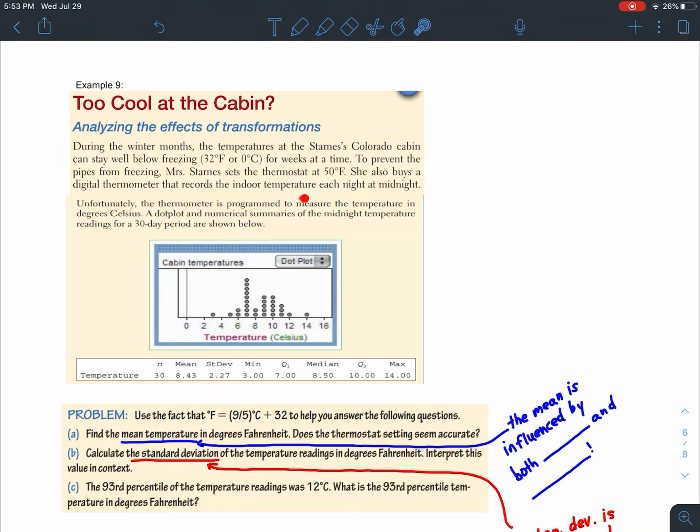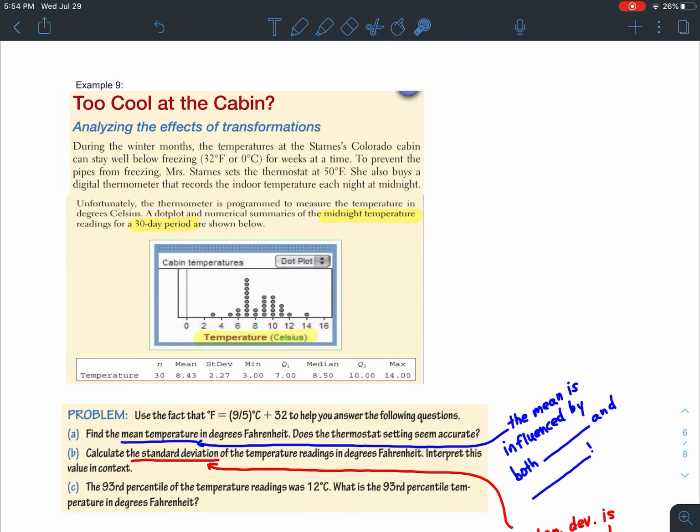She also buys a digital thermometer that records the indoor temperature each night at midnight. Unfortunately, the thermometer is programmed to measure the temperature in degrees Celsius. Okay? So this dot plot here is recording what the temperature is at midnight. It did the midnight temperatures for a 30-day period. So there are 30 dots in this dot plot, but it's measuring the temperature in Celsius, and we are interested in figuring out what it is in Fahrenheit.